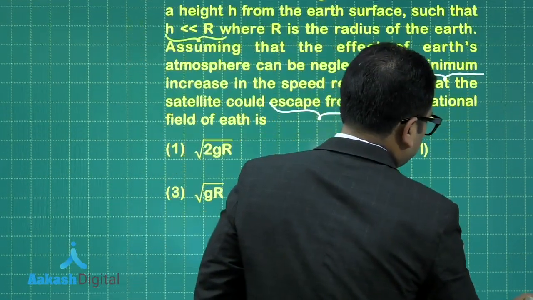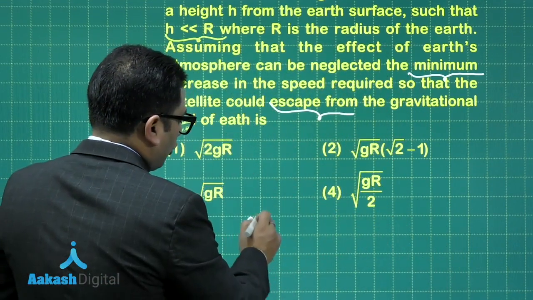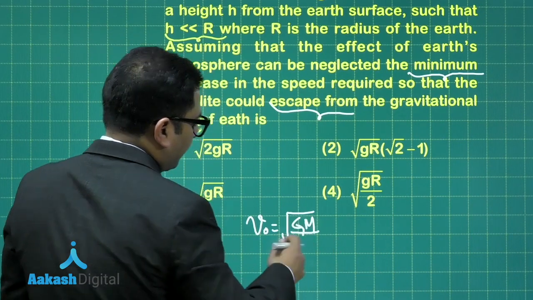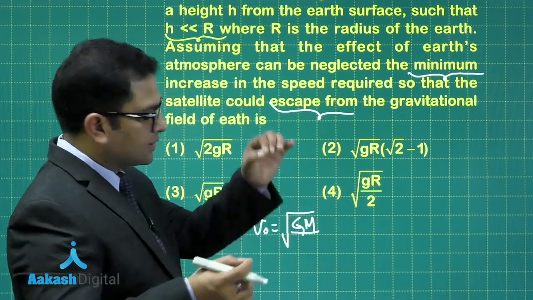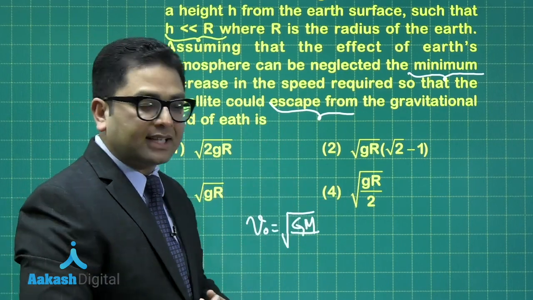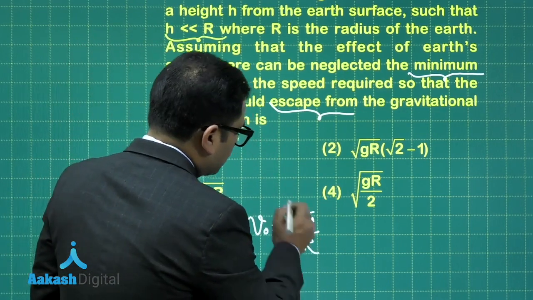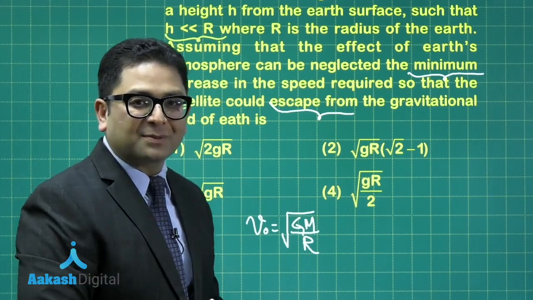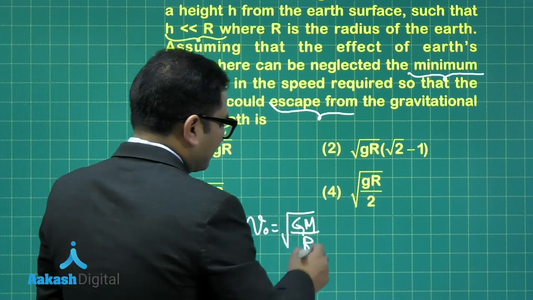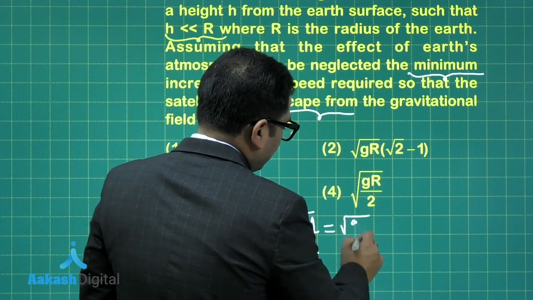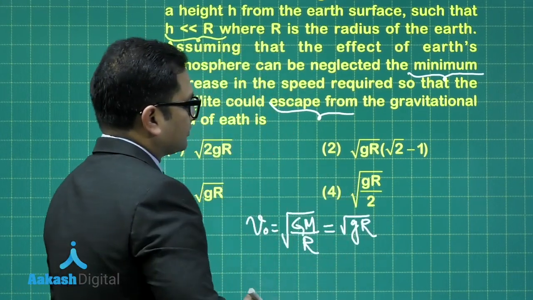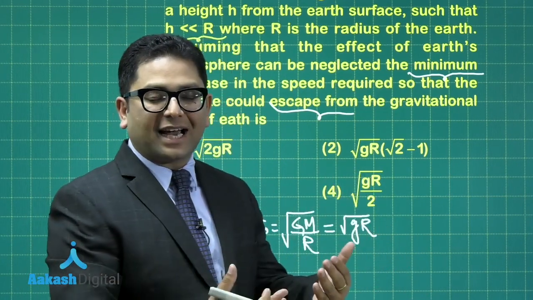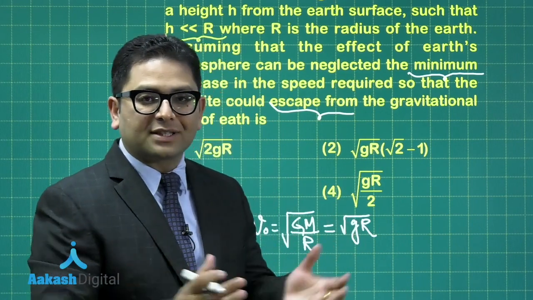So here, initially, orbital velocity is of course root GM divided by the radius of the satellite, but this time the radius of the satellite can be approximated to radius of Earth, because the satellite is very close to the Earth, which has been given. And that now says it to be under root of g times R. Now, this is the first data, the orbital speed of the satellite when it is very close to the surface of Earth.